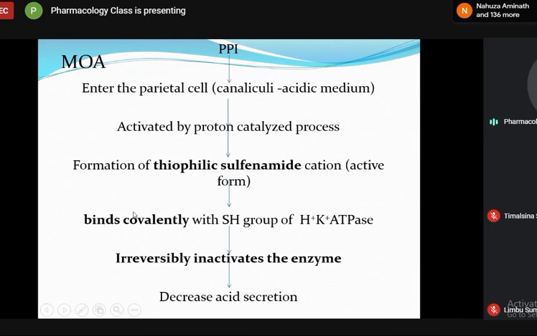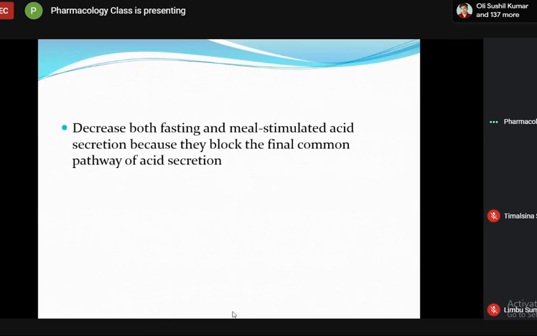This active form binds covalently to the SH group of the hydrogen potassium ATPase, and that will inactivate the enzyme irreversibly. So that will decrease the acid secretion. The action of these proton pump inhibitors is to decrease both fasting and meal stimulated acid secretion, because they block the final common pathway of acid secretion.